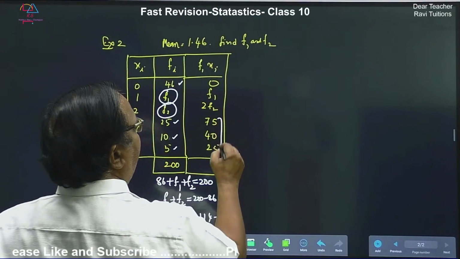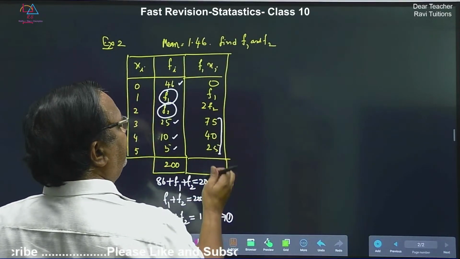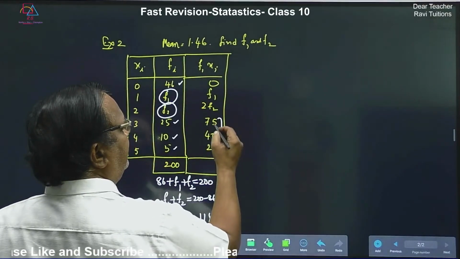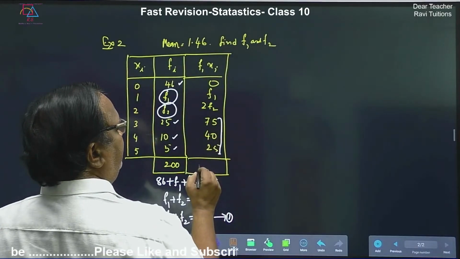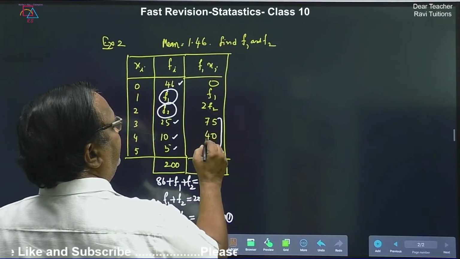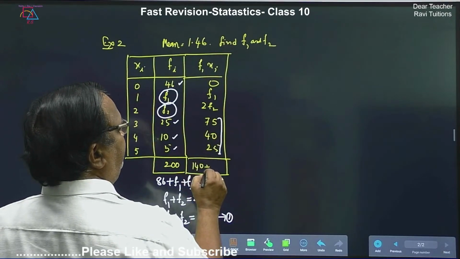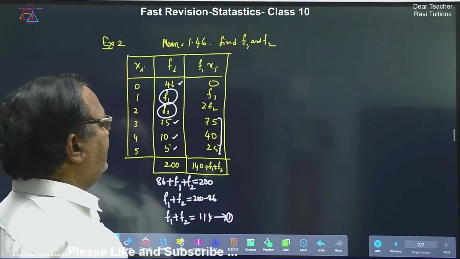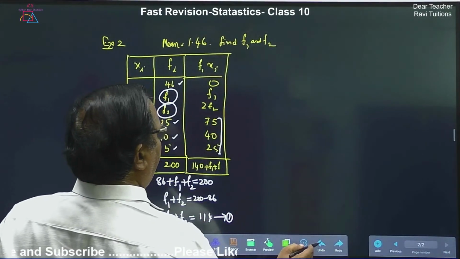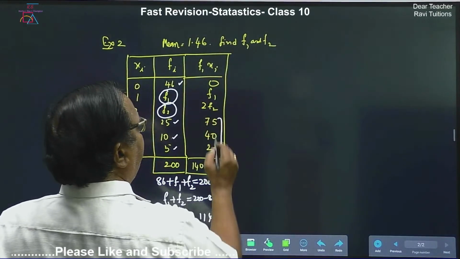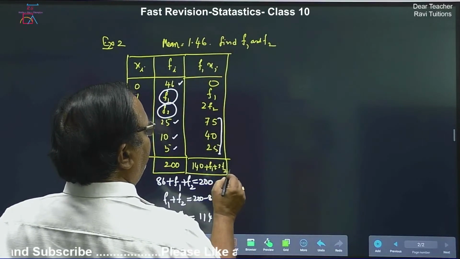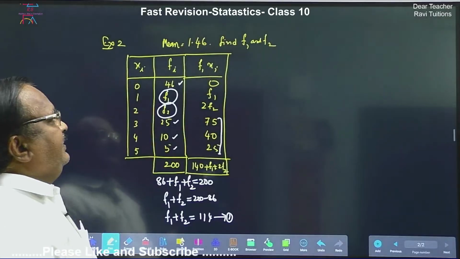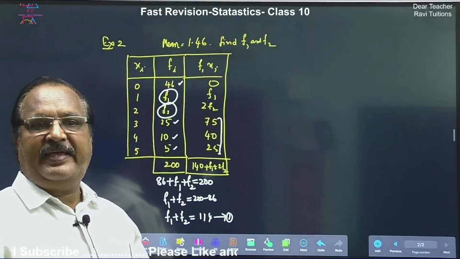They are in line, so you don't need to put it in the rough column. So 5 plus 5 is 10, 8, 12, 14, 140 plus F1 plus 2F2. This is sigma Fi Xi.